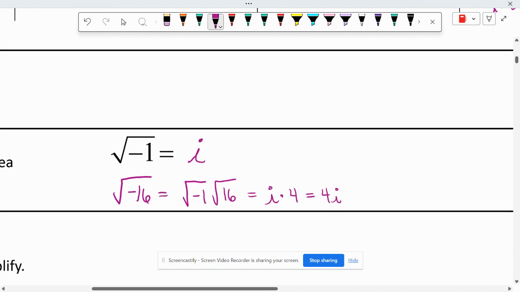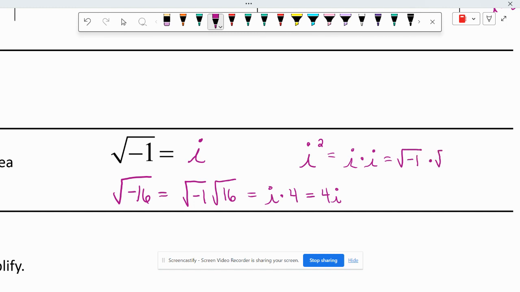I want to remind you that you also learned about i squared, which is just i times i. What is i? The square root of -1 times the square root of -1.